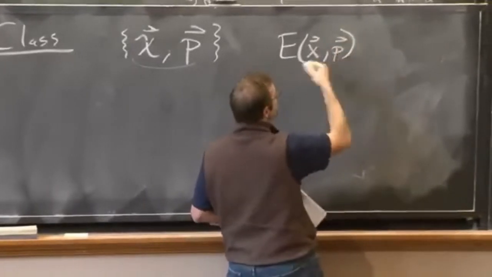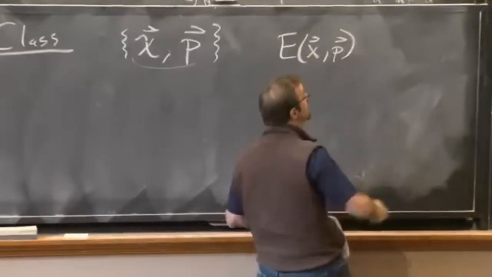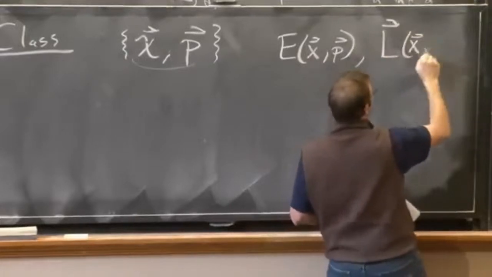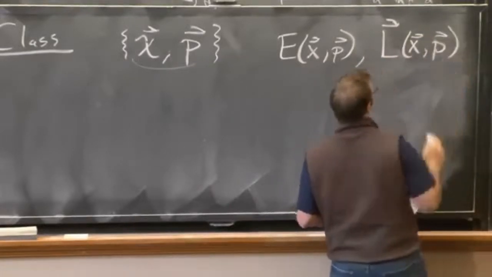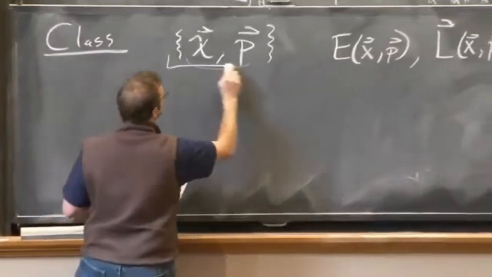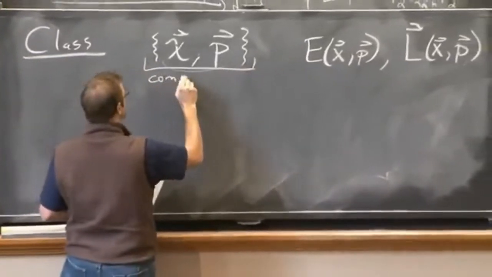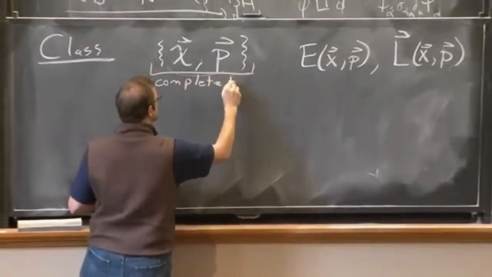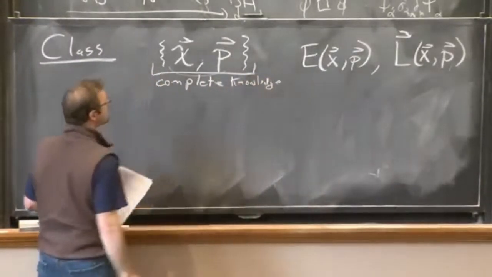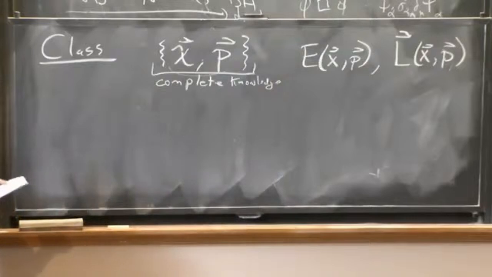If you know the position and the momentum, you can unambiguously calculate the energy. Similarly, the angular momentum, which is a vector, you can calculate if you know x and p, which is just r cross p. So this gives you complete knowledge of the system. There's nothing more to know if you know that data.